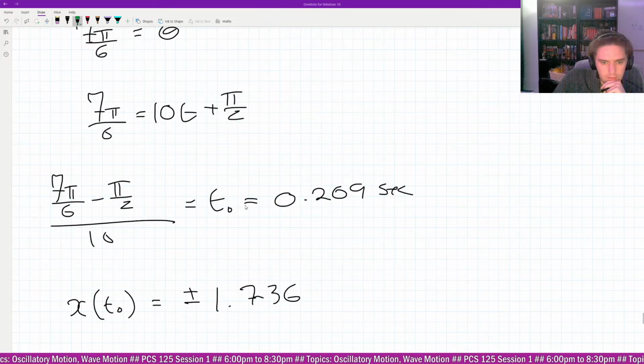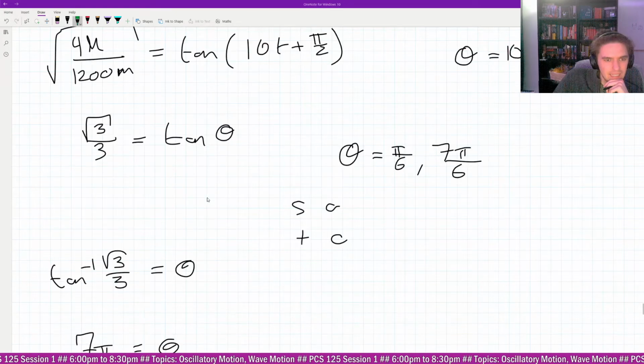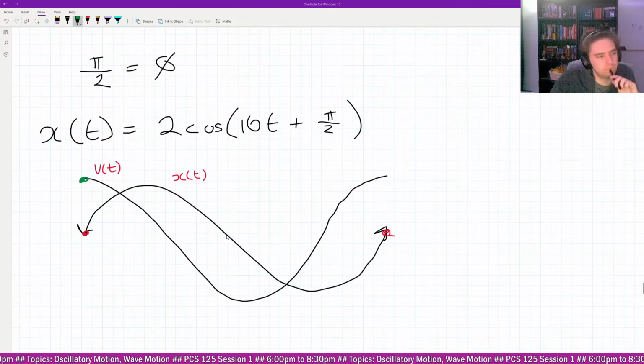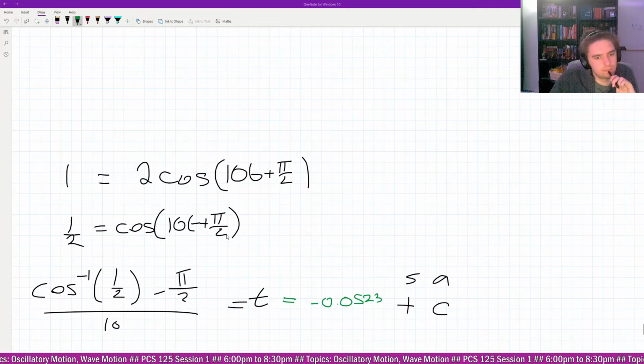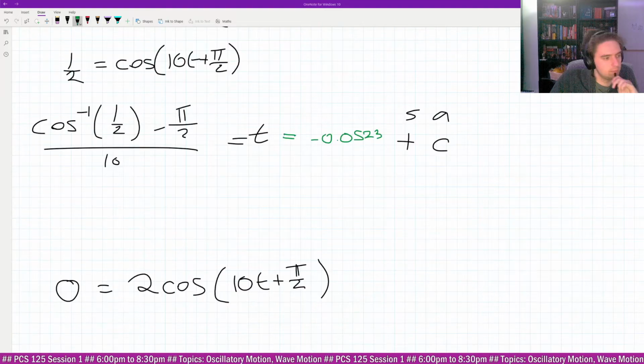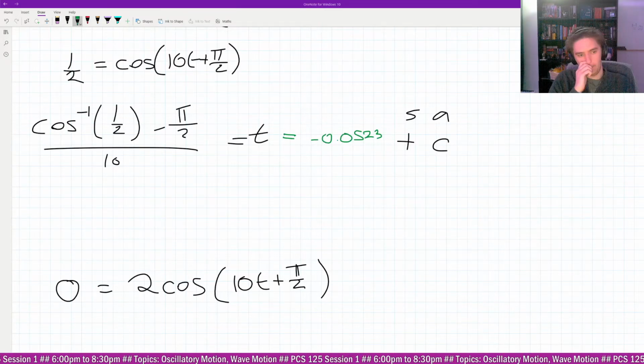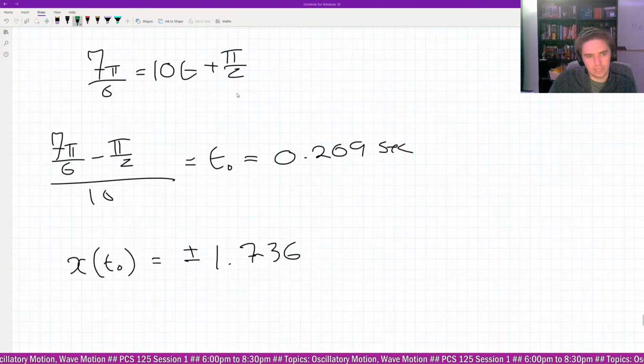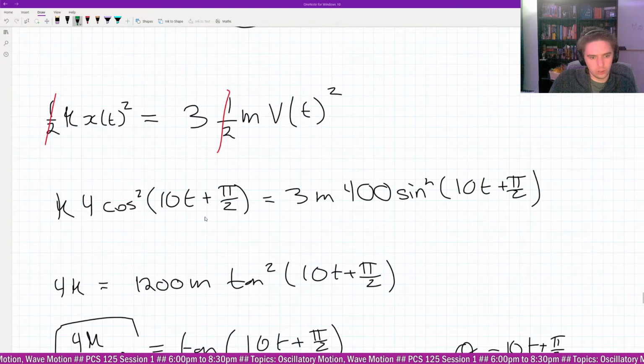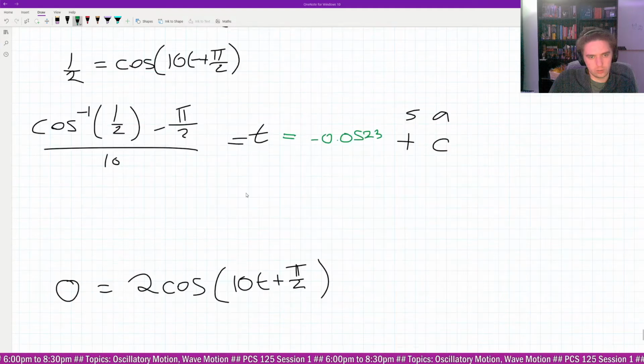Oh, I'm looking at the wrong part. I was trying to understand the wrong part. It's B, C, A. This is part C. Is that our equation? 2 cos 10t plus pi over 2.